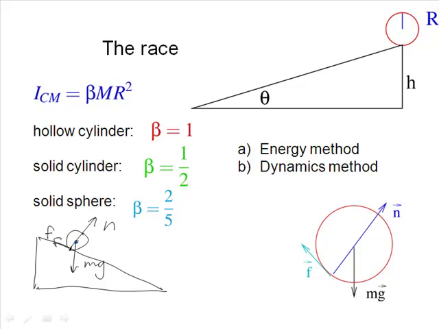One's going to have the axis right there at the center of mass and have a y direction perpendicular to the surface and an x direction down the surface. The other one will place the axis of rotation right there. I'll get to that in a moment. But now we can write down torques for each one of these and use that to determine our force equations, both rotational and translational.